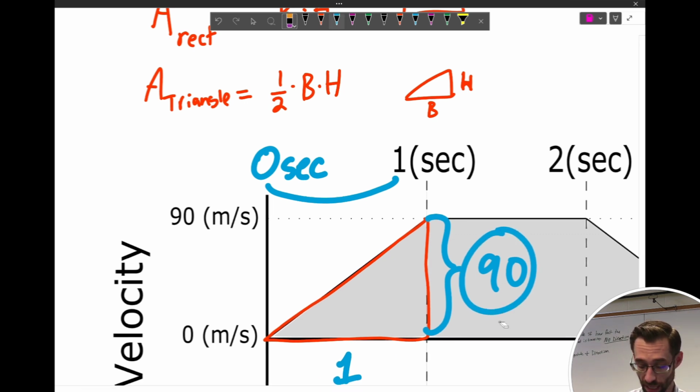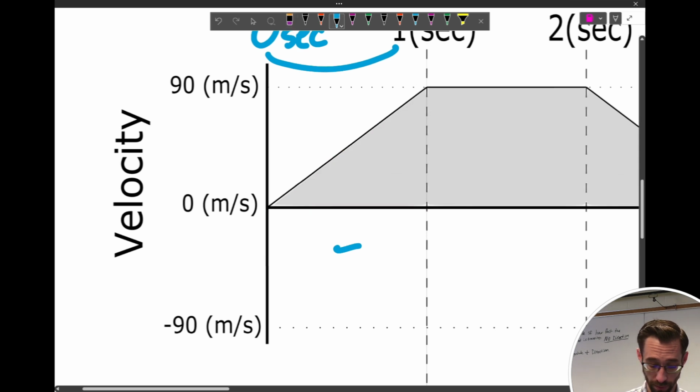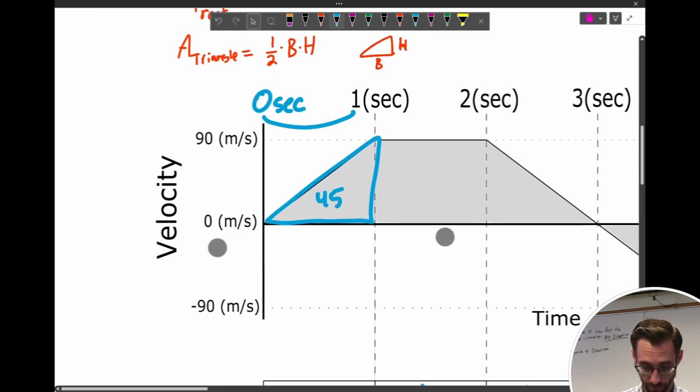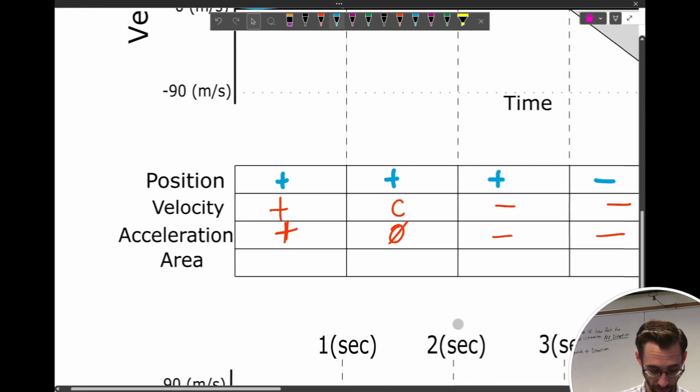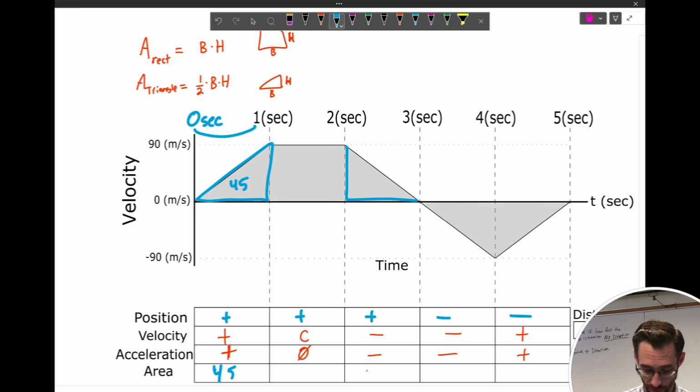So it's just going to be 1/2 times 90, because multiplying by 1 doesn't do anything. So the area for this triangle right here is 45. So we're going to put 45 down here. Make sense? So if that triangle is 45, this one has the same height and same base, so this would also be 45. Make sense?